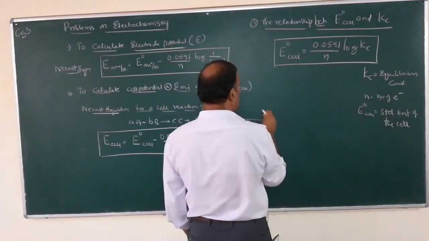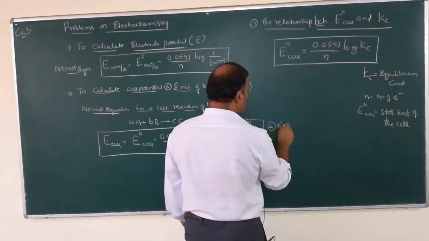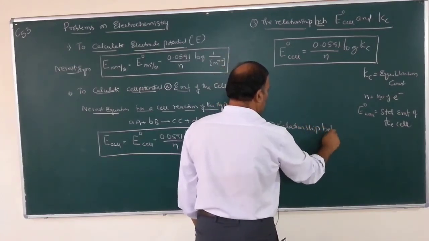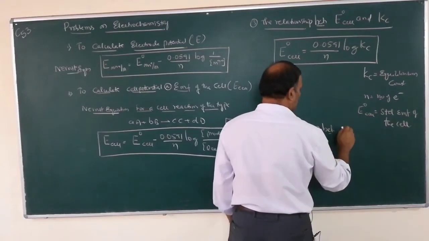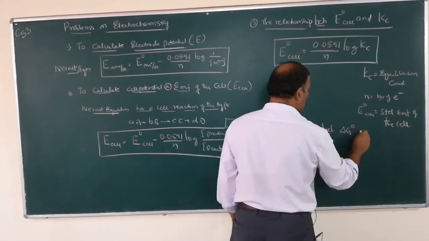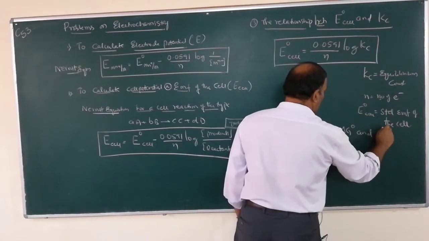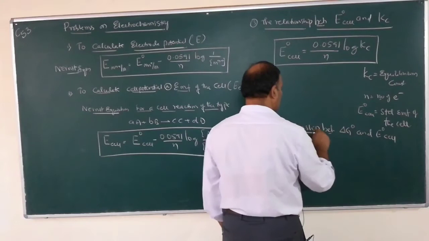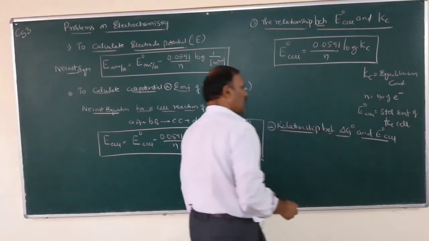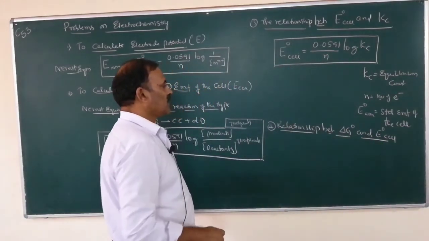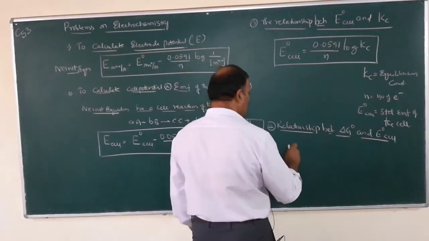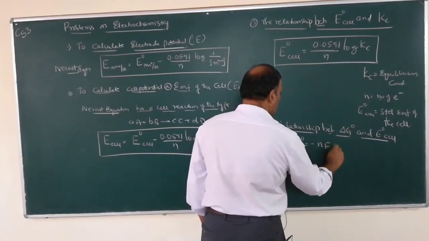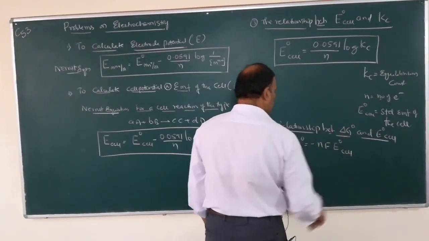So lastly, the relationship between standard free energy and the standard EMF of the cell. This is given by delta G naught equals minus nF E naught cell.